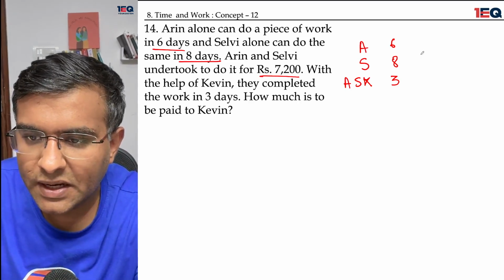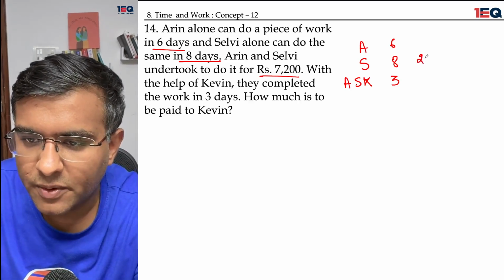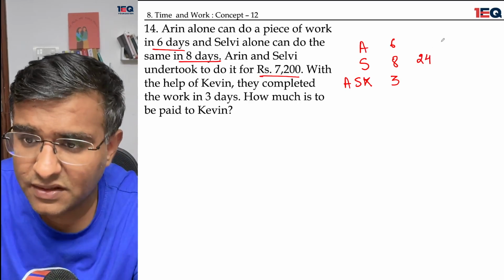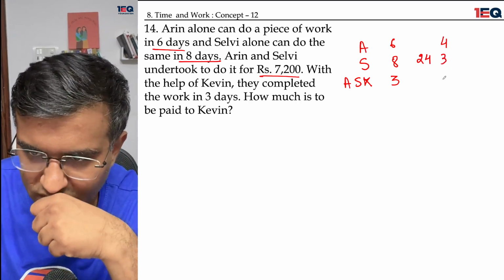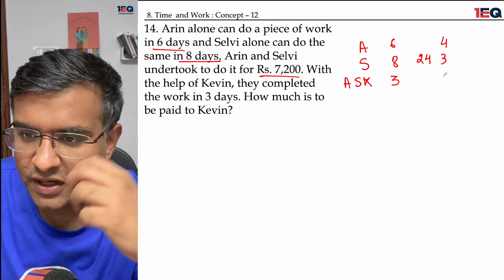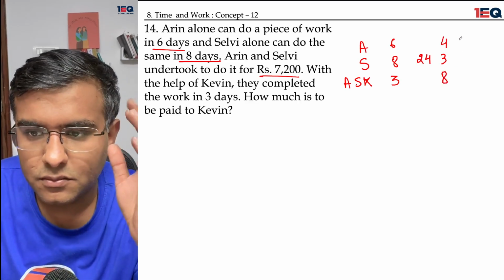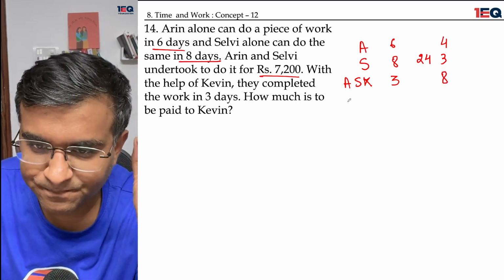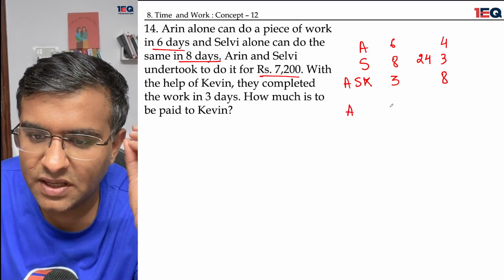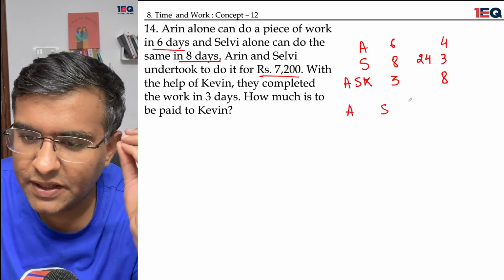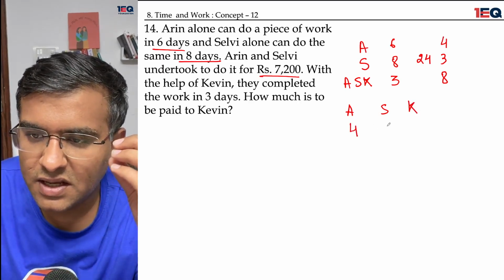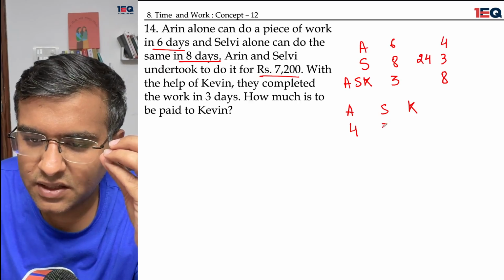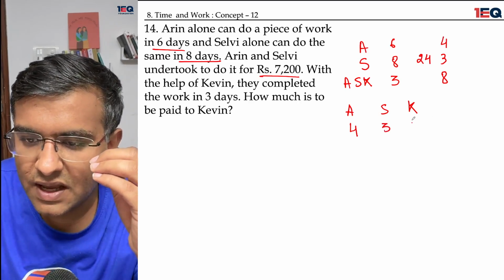So I'll quickly take the LCM. The LCM comes out to be 24, and the efficiencies are 4, 3, and 8. Somebody asks me their efficiencies separately. This is A, S, and K. I have the efficiency of A as 4, S as 3, and the efficiency of K as 1.